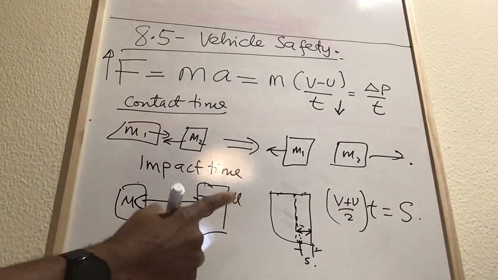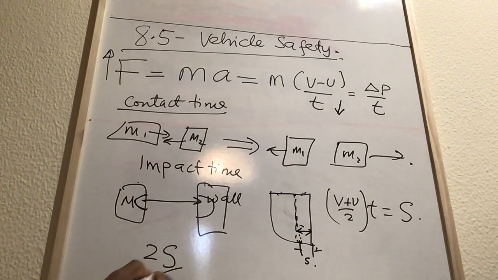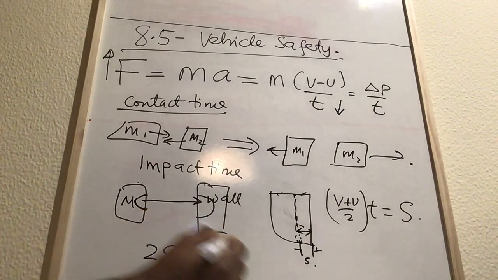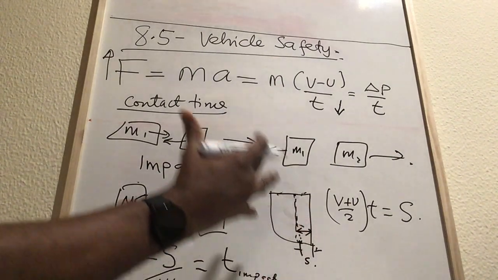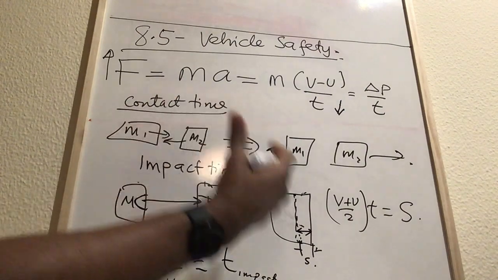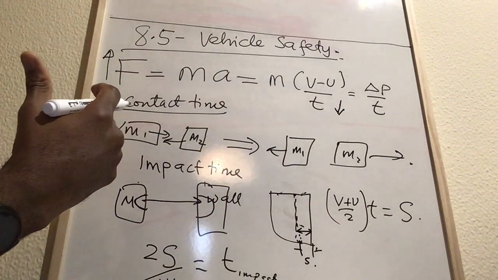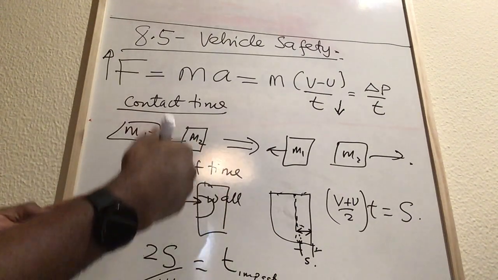If you rearrange that, it becomes 2s over (u plus v) equals t. And that is your time of impact, because the car hits the wall, and then there is an impact, a contact that was delayed between them, which now results in the dent within the car.